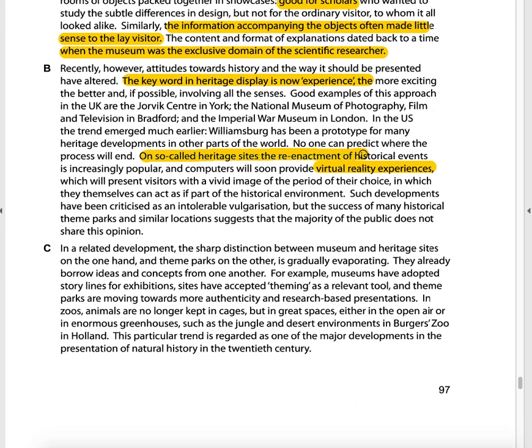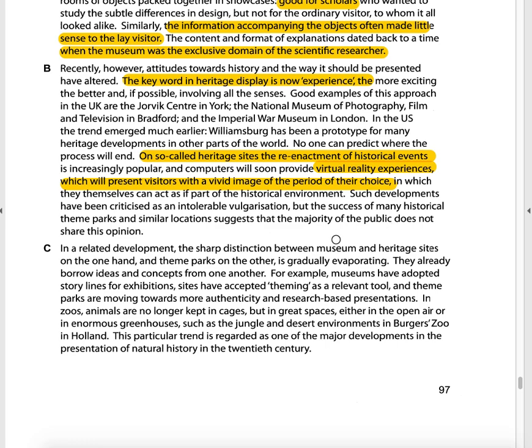Heritage sites reenactment of historical events. Reenactment means putting like a performance about it, which will present visitors with vivid image of the period of their choice. So it says that this has been criticized. But it says that that's what the public wants.